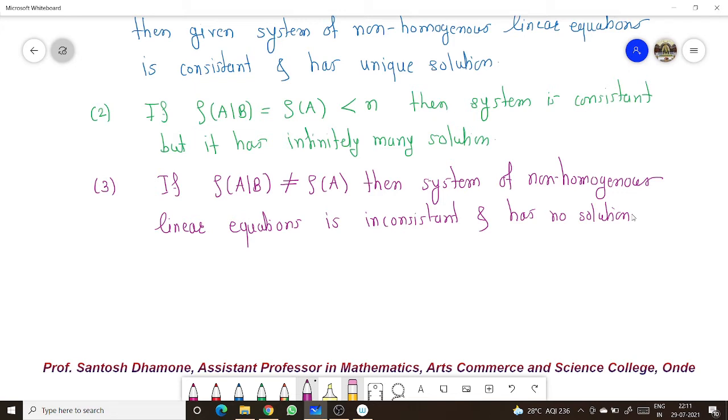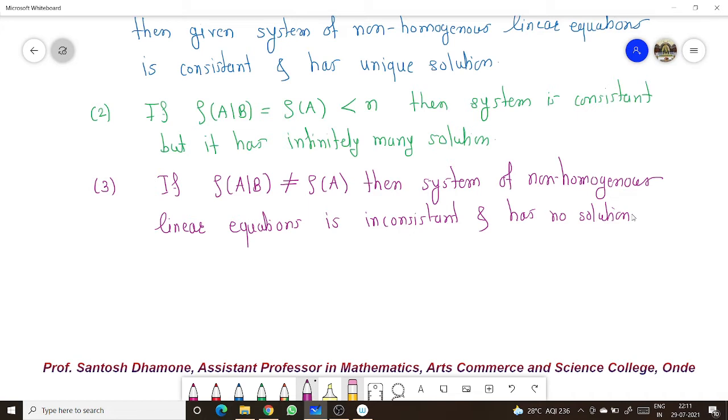Then the second matrix is the variable or unknown matrix. Here the unknowns are x, y and z, so this is a column matrix of unknowns.